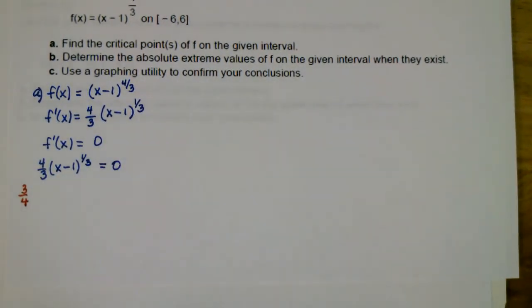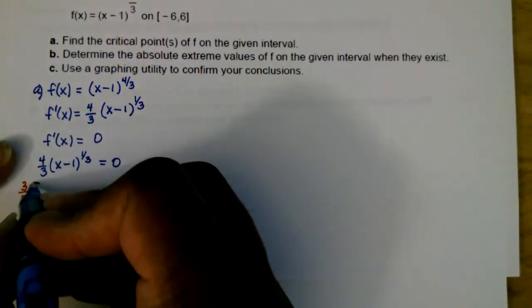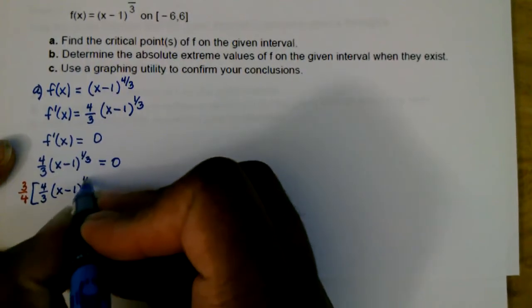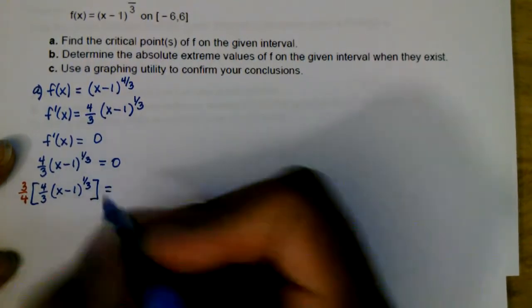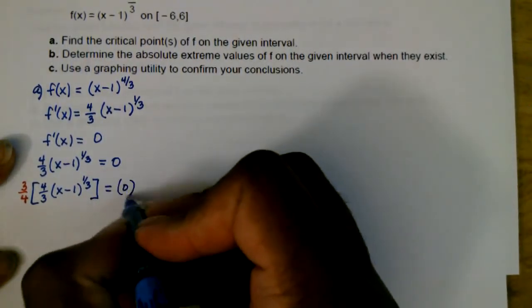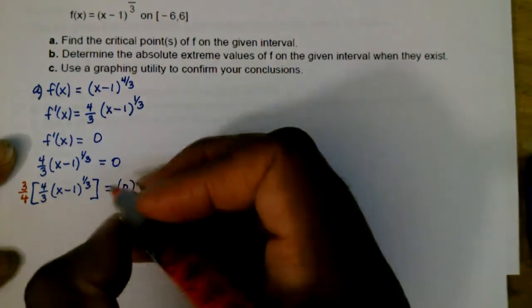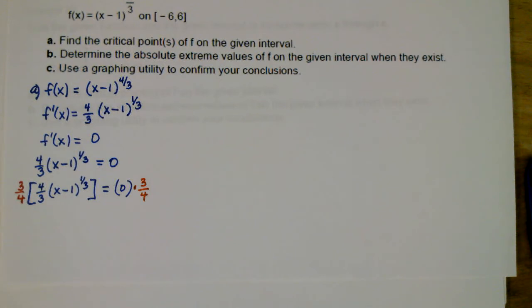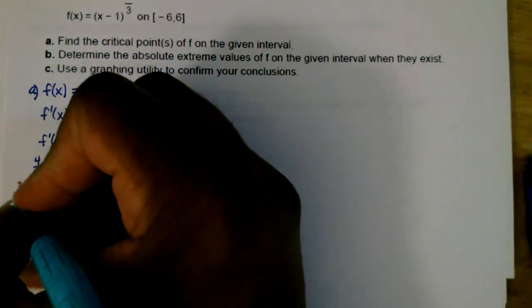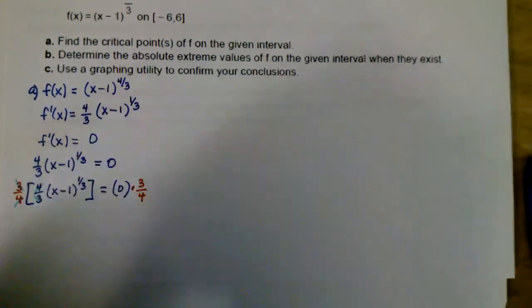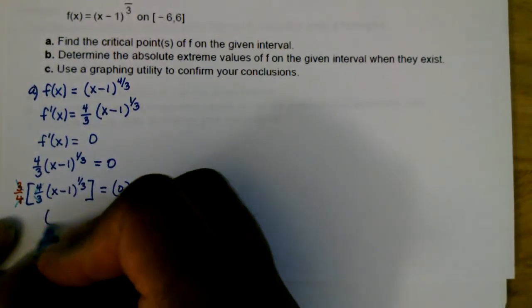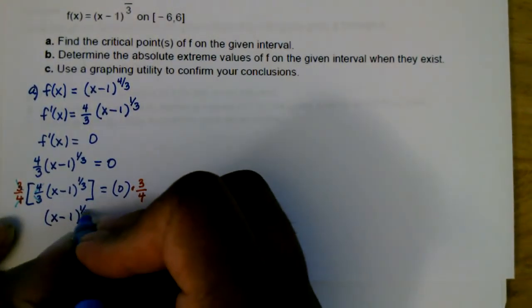Okay, so that 3/4 would be multiplied by all of this. That's equal to 0 times 3/4, because 3/4 is the reciprocal of 4/3. And what's going to happen here is that 3/4 times 4/3 ends up being 1 as a product. So you'll have x minus 1 to the 1/3 equaling 0.